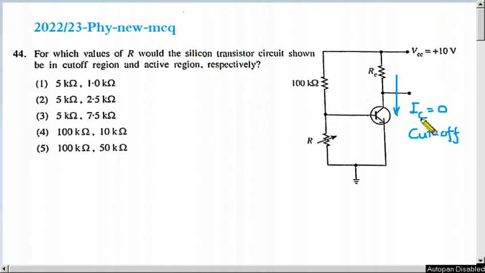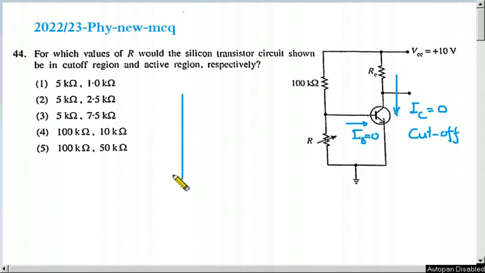For IC to be 0, what should be fulfilled? The base current should be 0. If base current is 0, IC is also 0.